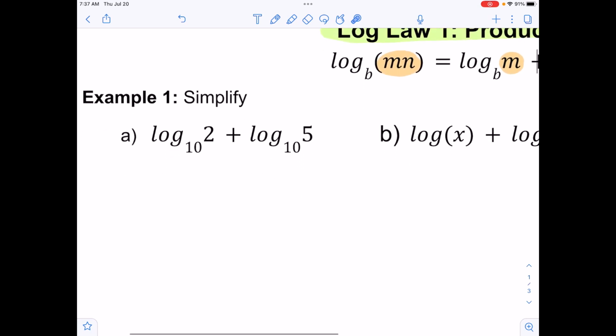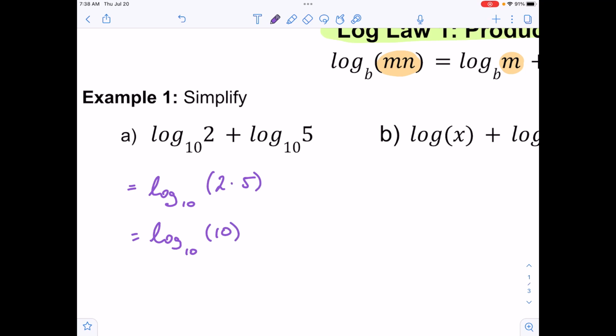Example number 1, I have log base 10 of 2 plus log base 10 of 5. I'm going to be able to merge those two together through multiplication because they have the same base. This will be log base 10 of 2 times 5, and 2 times 5 is 10.